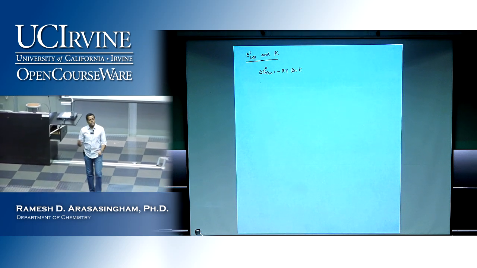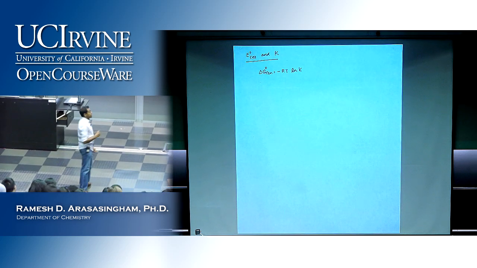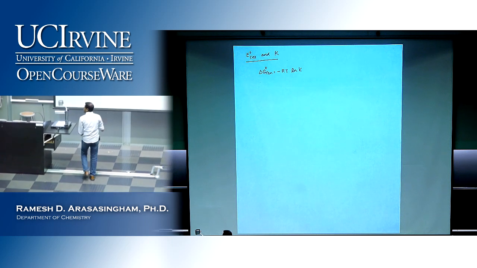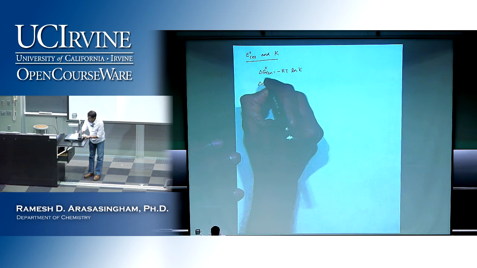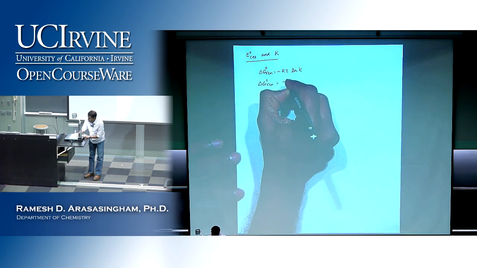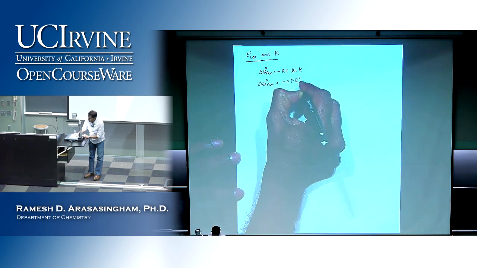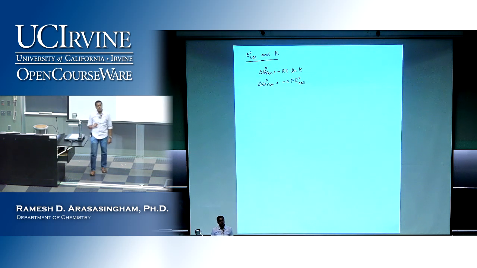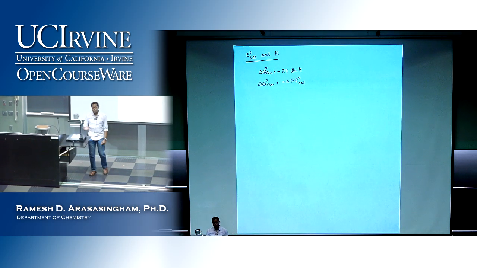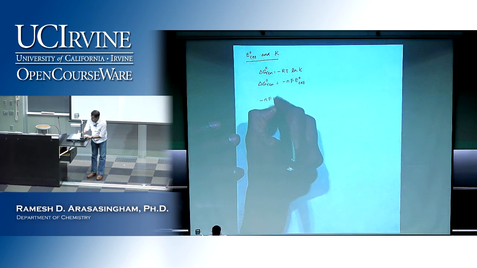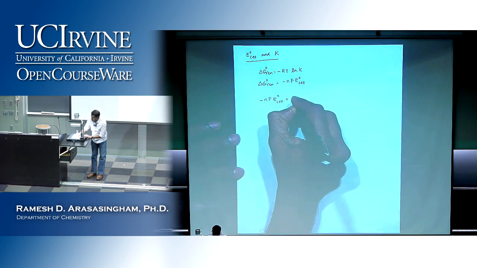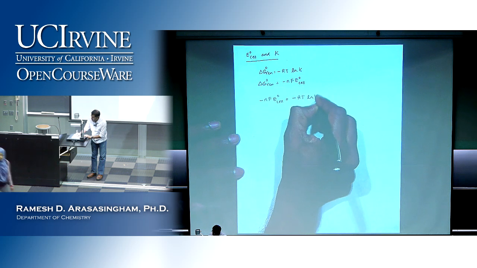Now we also know that delta G naught reaction equals minus nF E naught cell. That's the relationship between the cell potential and the free energy. And therefore we can say nF E naught cell equals negative RT ln K.